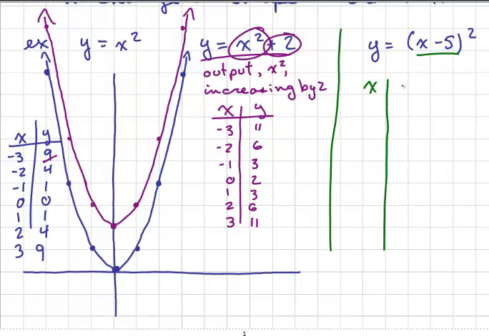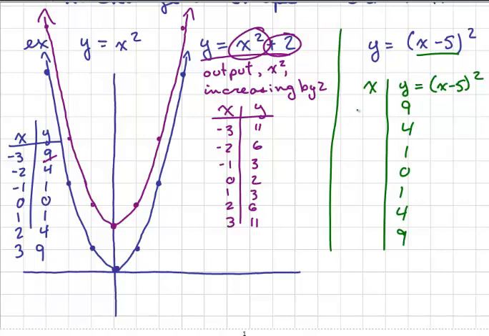I'll say x is here, and y is going to be equal to whatever x minus 5 is, all squared. I want my output to be the same, 9, 4, 1, 0, 1, 4, 9 as the original. Same y coordinates, but my x value has to be 5 bigger, so that when I subtract 5 from it, I get the -3.